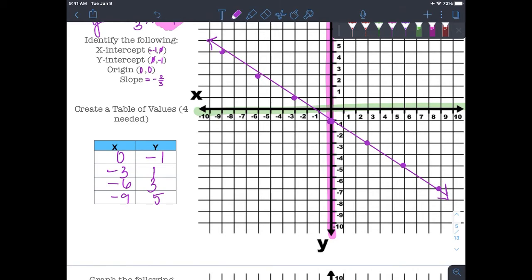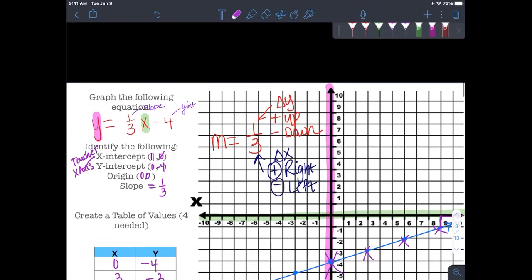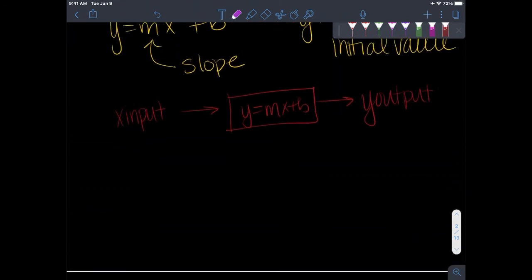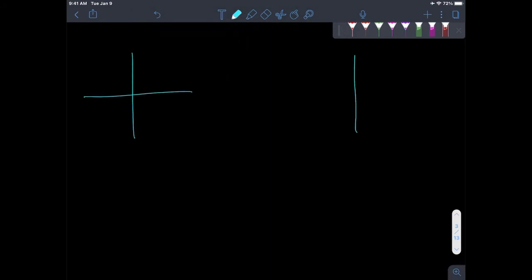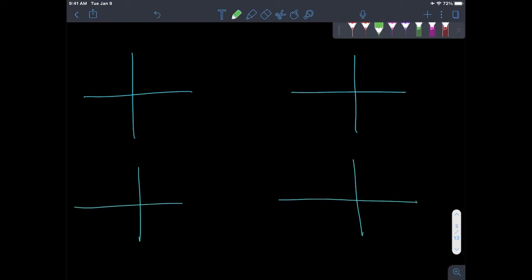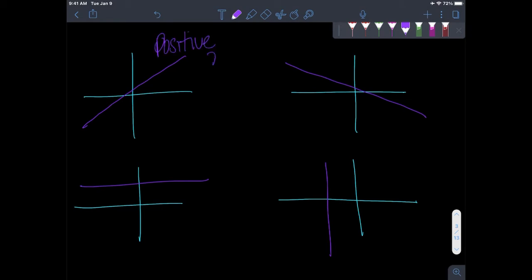All right, so I want to go through something else really quickly. So I talked about slope, but there are 4 different kinds of slope. And I want you guys to be aware of that. They look like this. Over here is a positive slope.